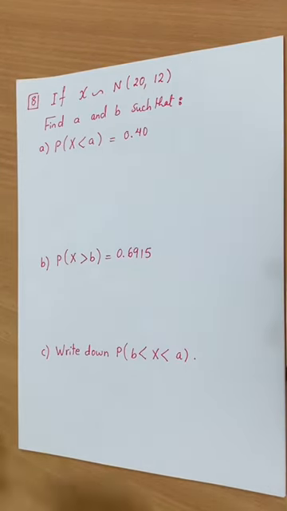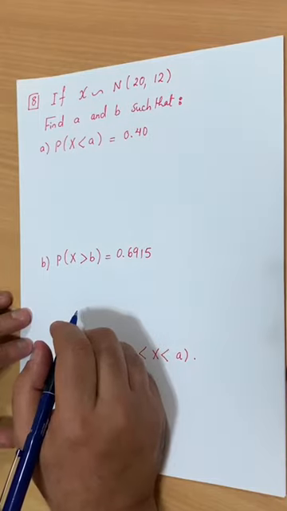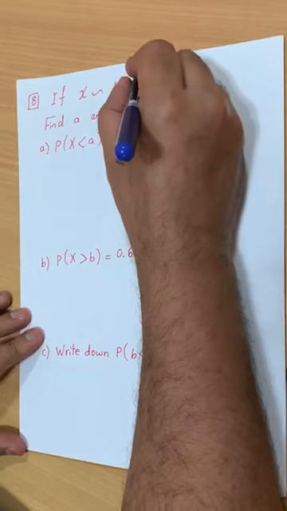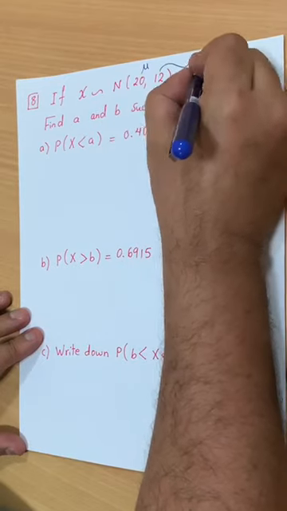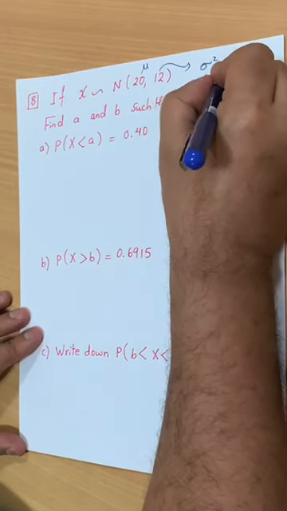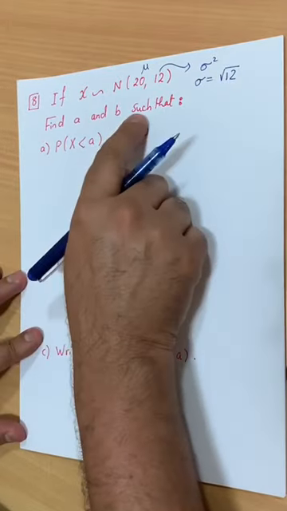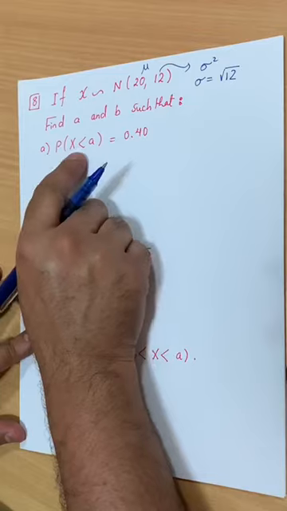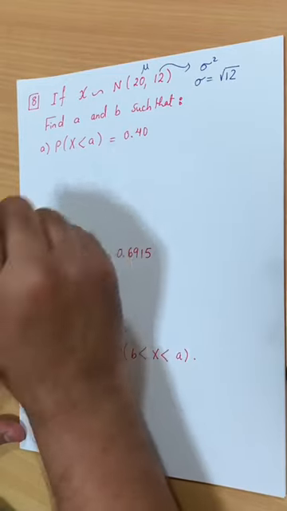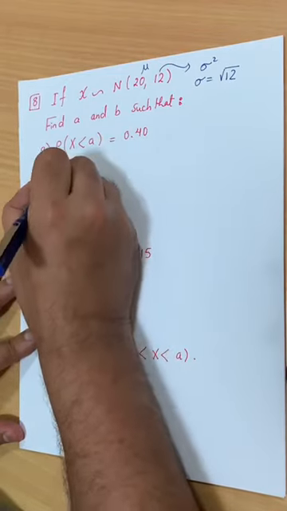Question 8. On the same exercise, if x variable is distributed the normal distribution of 20 and 12, this is mu and this is sigma squared. So sigma is square root of 12. Find a and b such that probability of x less than a is equal to 0.40. So we're supposed to convert that to z first.